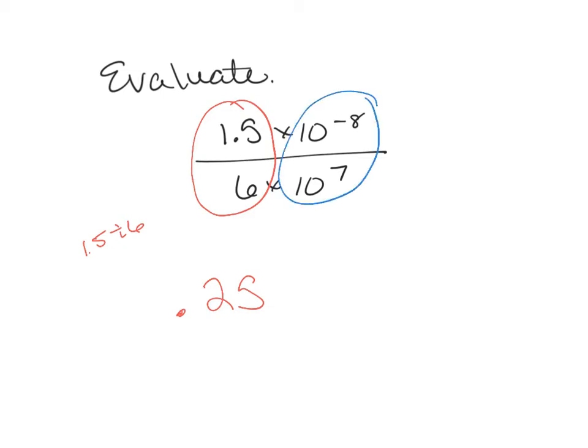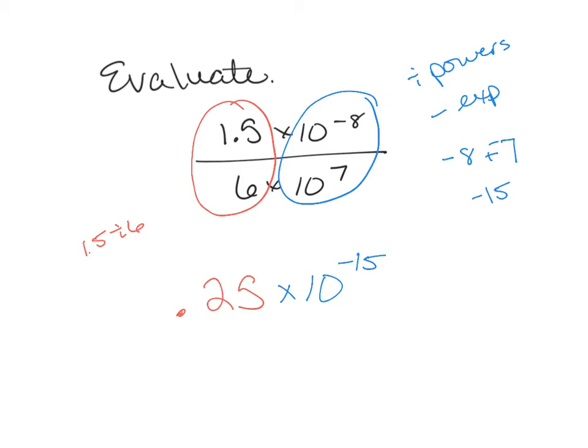Then we're going to do our powers. Now, remember, when we are dividing powers, we're subtracting our exponents. So we're going to do -8 minus 7. That gives me a negative 15. So multiply by 10 to the power of negative 15.